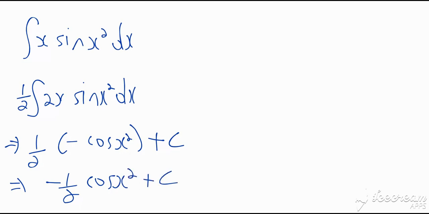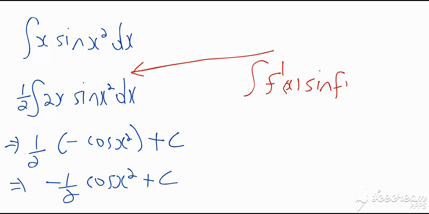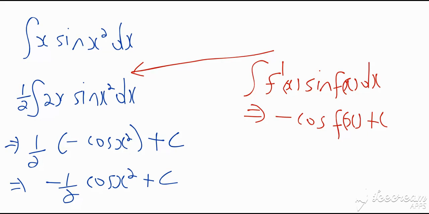And of course, you can always recall the form of recognition that we use in here. So let me just tag this in here, that the integral of f prime of x sine f of x dx is simply going to give me negative cos f of x plus the constant of integration, which is c.